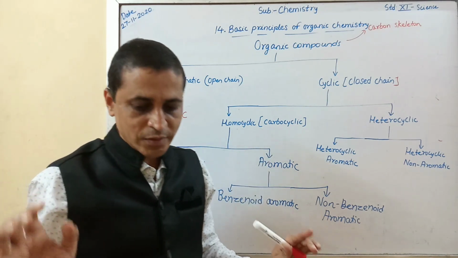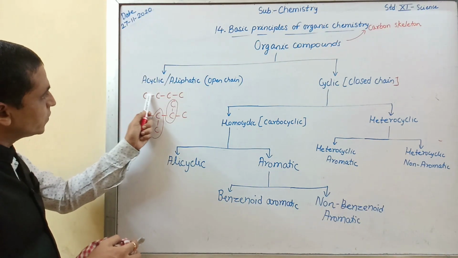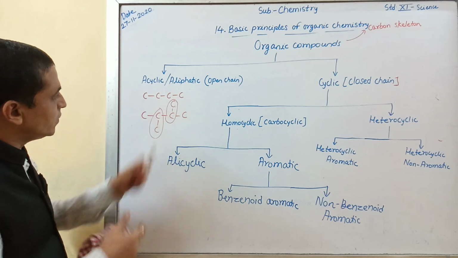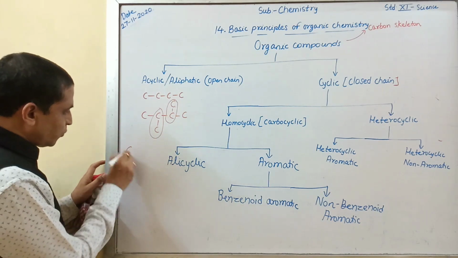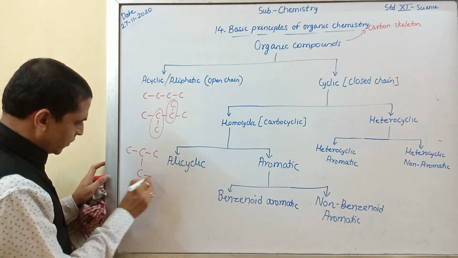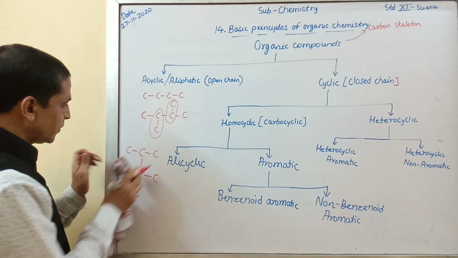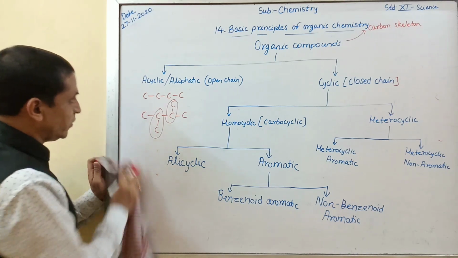They may be straight chain or branch chain. See, this is straight chain and this is branch chain. This is also branch chain. I hope you understood straight chain and branch chain.